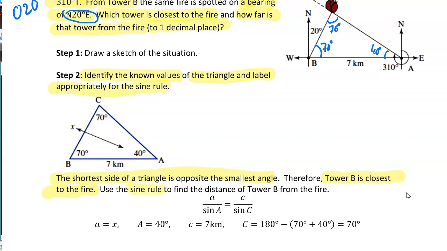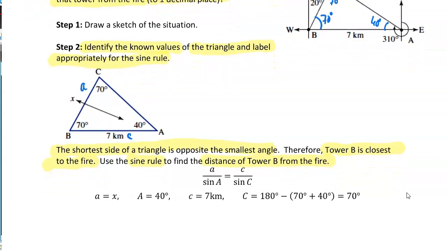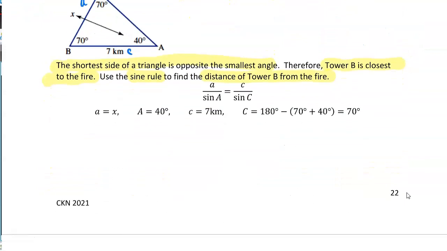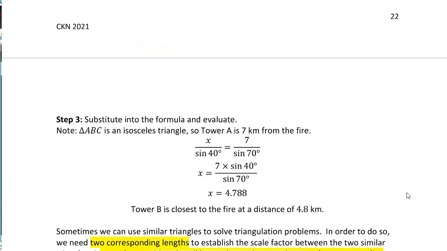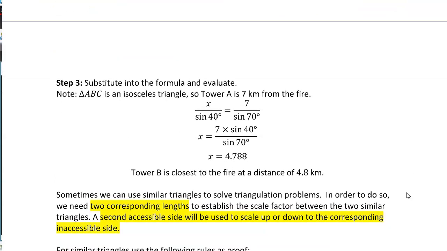Use the sine rule to find the distance of tower B from the fire. So we've set that up here. We substitute into the formula, and there we go.